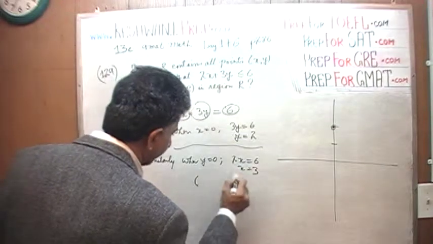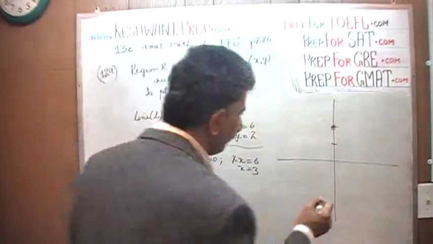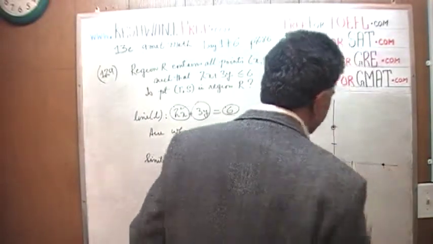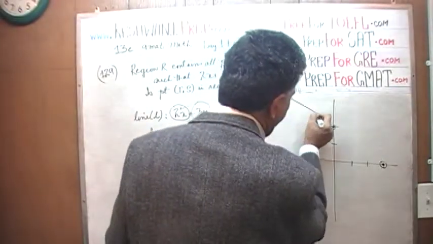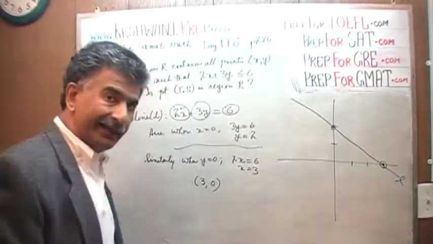So we're looking at x is equal to 3, y is equal to 0, that's our x-intercept. 1, 2, 3, right here. The line that we're talking about is this line right here. Let's join it. That's our line L.